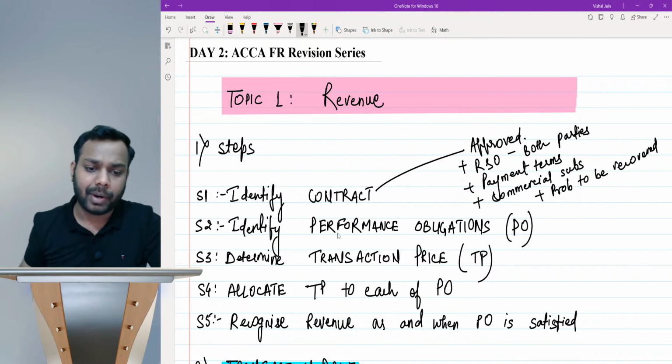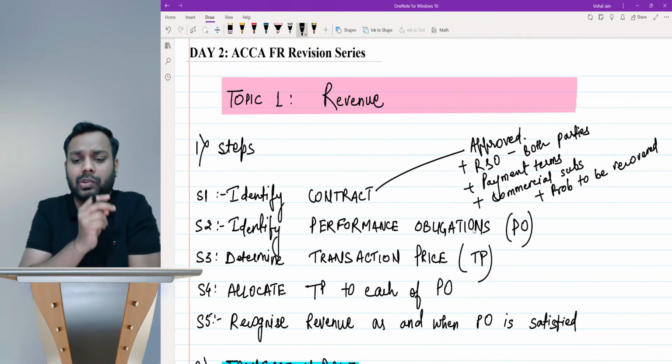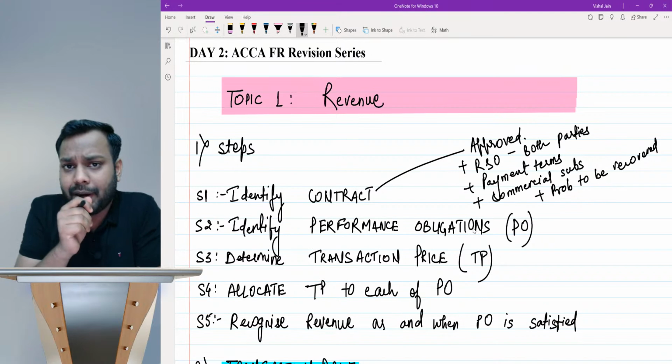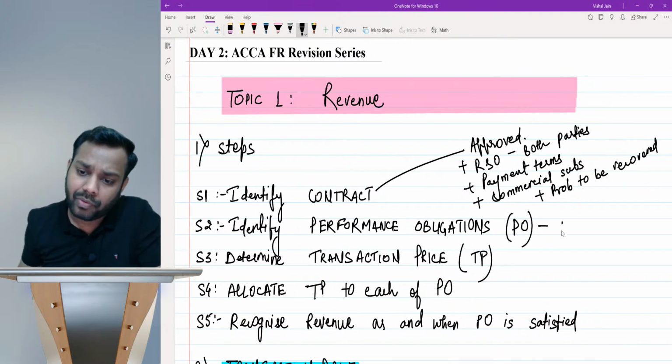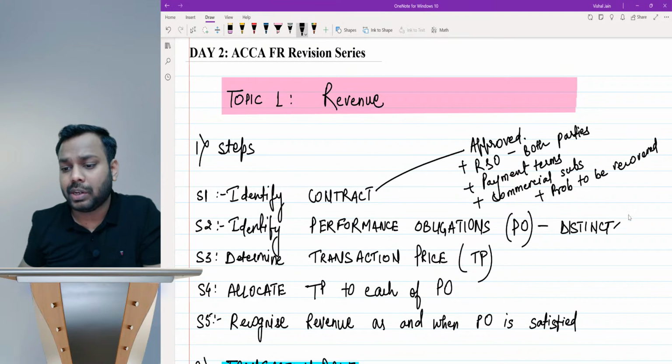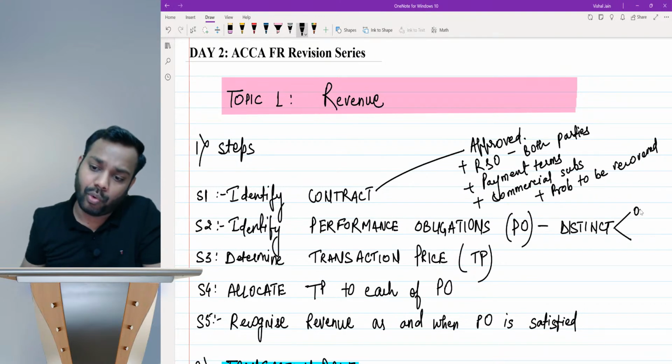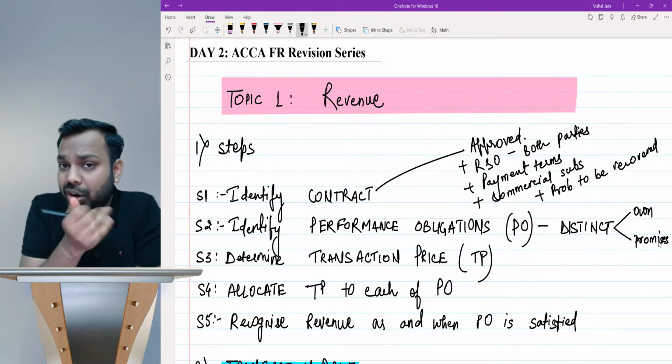Now coming to step number 2, identify performance obligations. How will you identify performance obligations? Basically you have to remember that each performance obligation should be distinct. Now distinct in 2 respects: on its own and in relation to other promises in the contract. How will we say whether it is distinct or not?